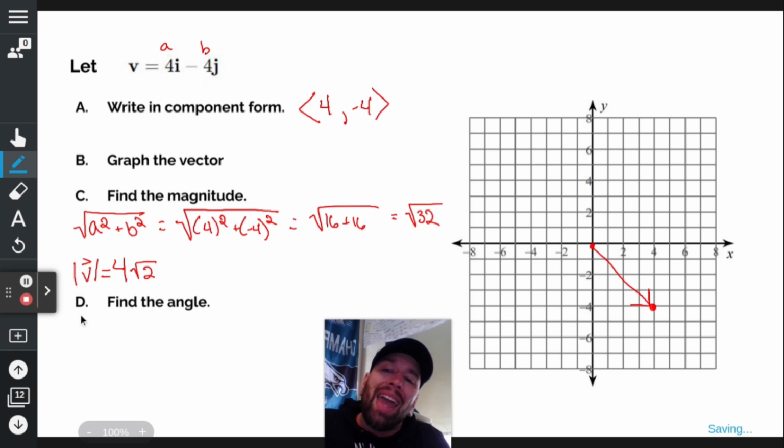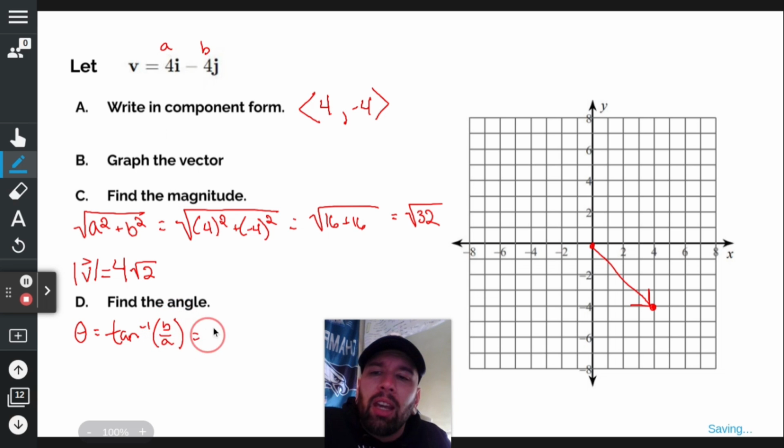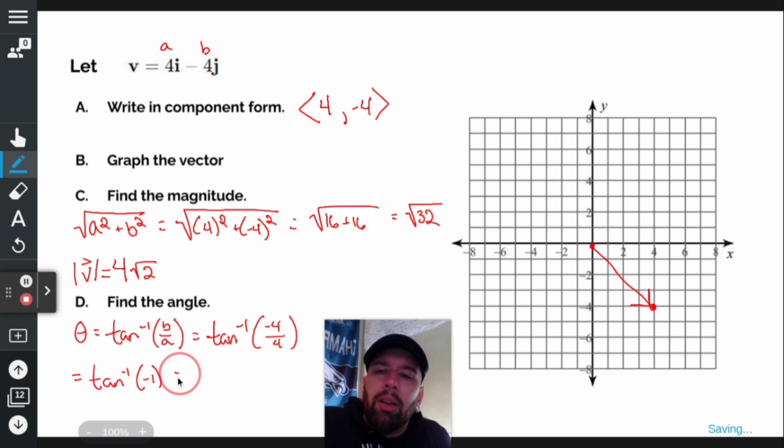Now to find the angle, okay, so I'll call that theta, you're going to do the inverse tangent of b over a. So in this case, the inverse tangent of -4 over 4, which simplifies to the inverse tangent of -1. Now, the inverse tangent of -1 could be one of two options, but we know which option that we want.